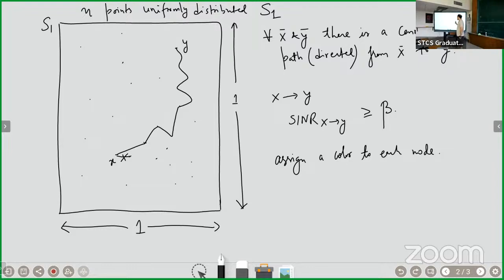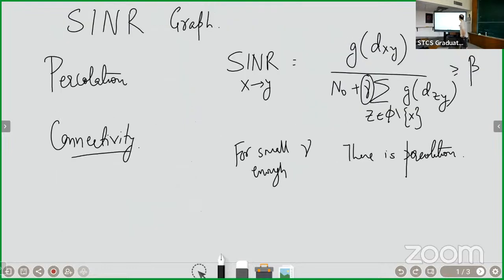So each node will be assigned a color, and nodes which have the same color are the only ones which will interfere with me. If I have red, only the red nodes will come and interfere. Except for that, nothing else changes in the model.